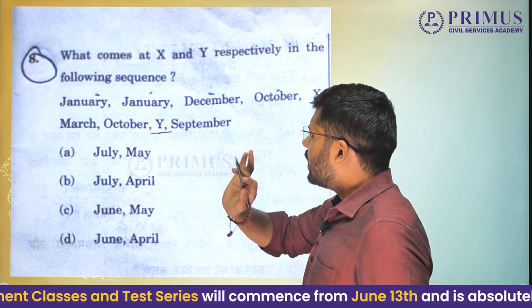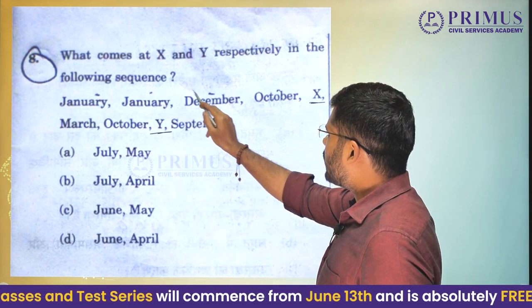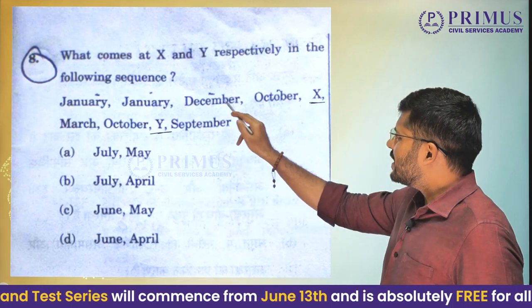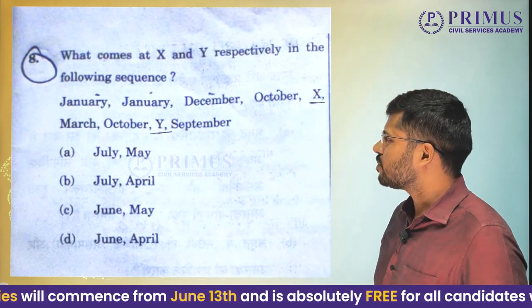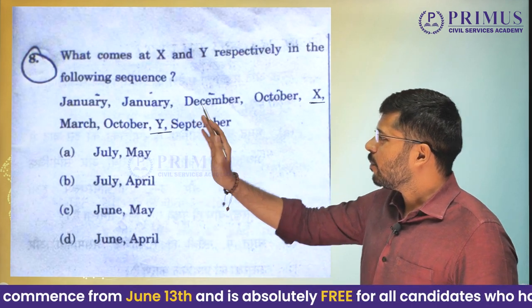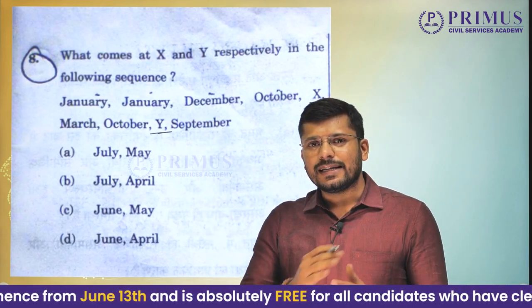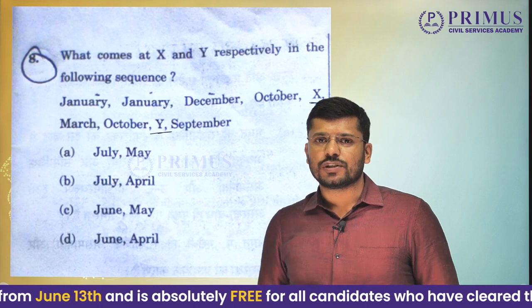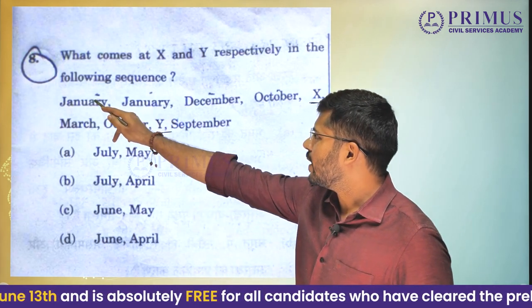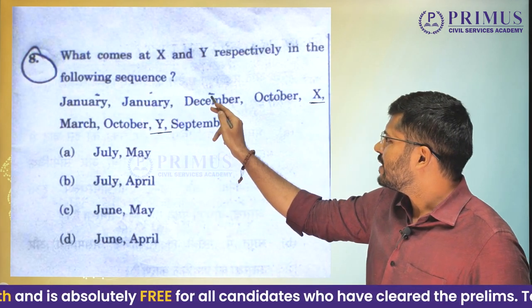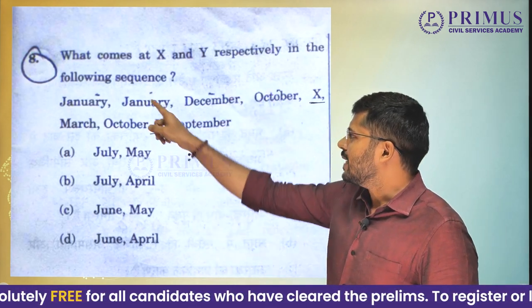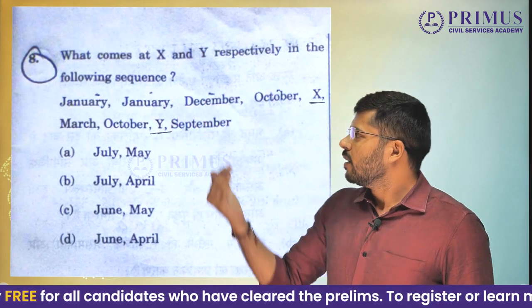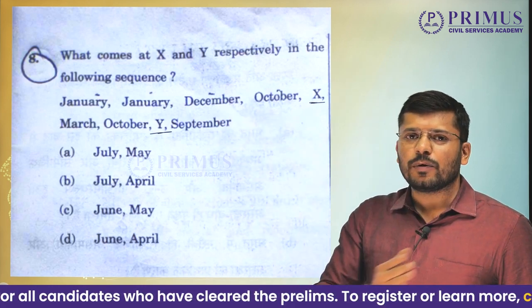If we see here, from January to December, December to October, and then March, October, September, the months are not in their sequential or chronological order. From January to December they have gone forward, but from December to October they have gone backward.